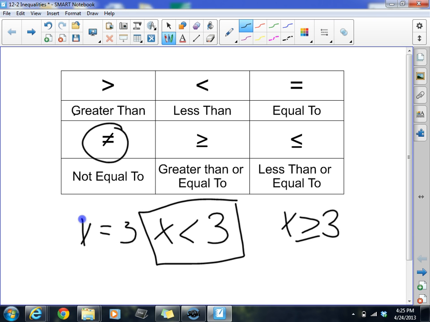So x is greater than or equal to, so it includes 3. So mathematicians are actually cheating a little bit. Instead of just saying greater than or less than, they're combining equal to with greater than and less than. And now you see the symbol right here. I just put a line underneath my greater than and less than symbols. Okay? So those are the basic symbols right there.